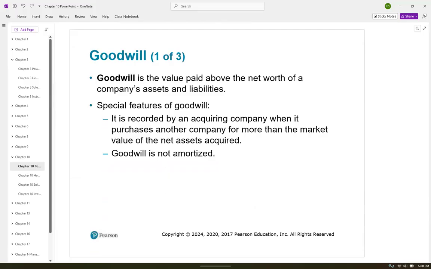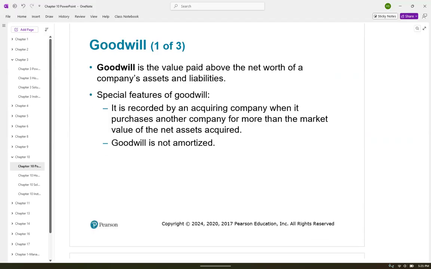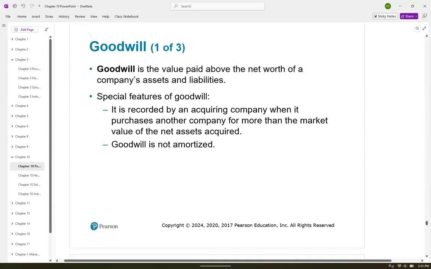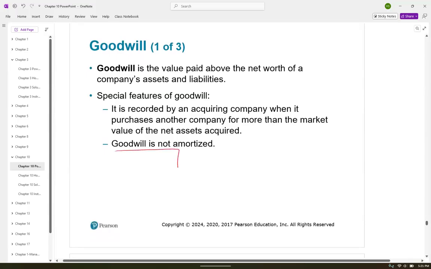Goodwill is when somebody completely buys another company out, their assets and liabilities. It's going to be the excess over the fair market value of any physical assets.